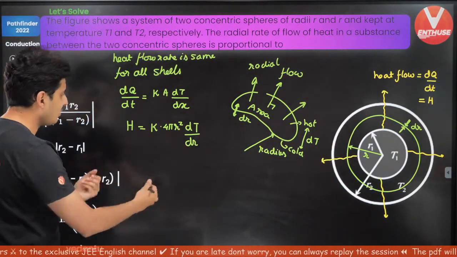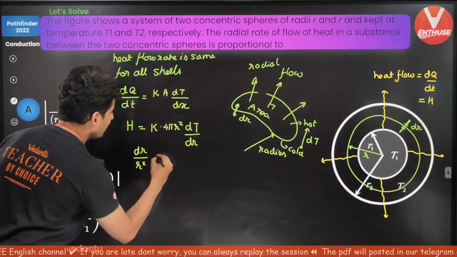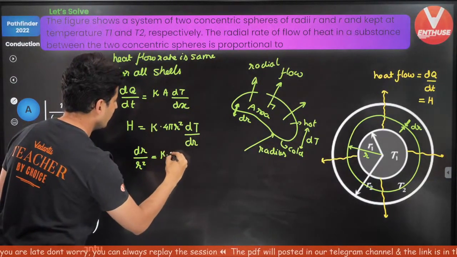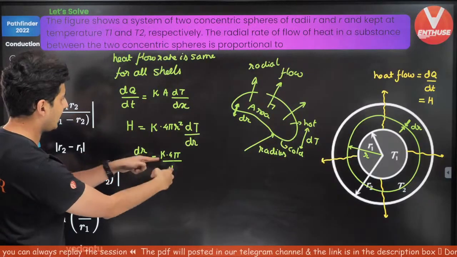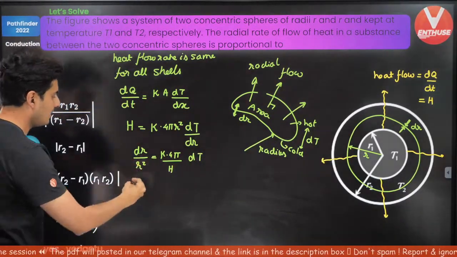Let's rearrange this and see what happens. Fair enough. So dr by r square is equal to h, which comes below. So 4 pi k divided by h, and I just have dt over here. So I think I need to integrate henceforth.